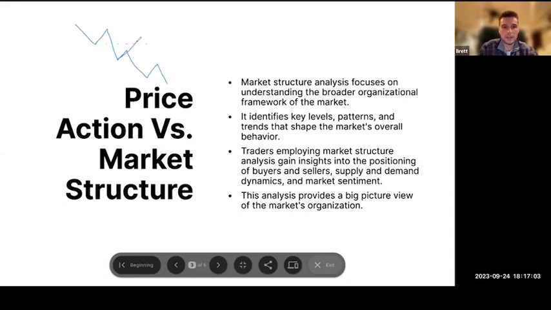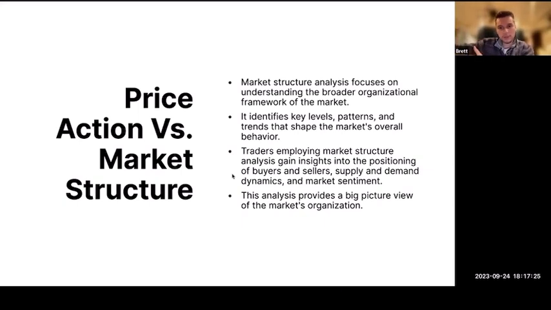Now, if we break above it, then things can possibly change, in which case we can look for a break above that swing high for continuation and a breakout of that downtrend, right? So it's focusing on those swing lows and swing highs to create and have a market sentiment. By understanding market structure, you're going to have market sentiment. Having market sentiment will help you then create a trade plan.